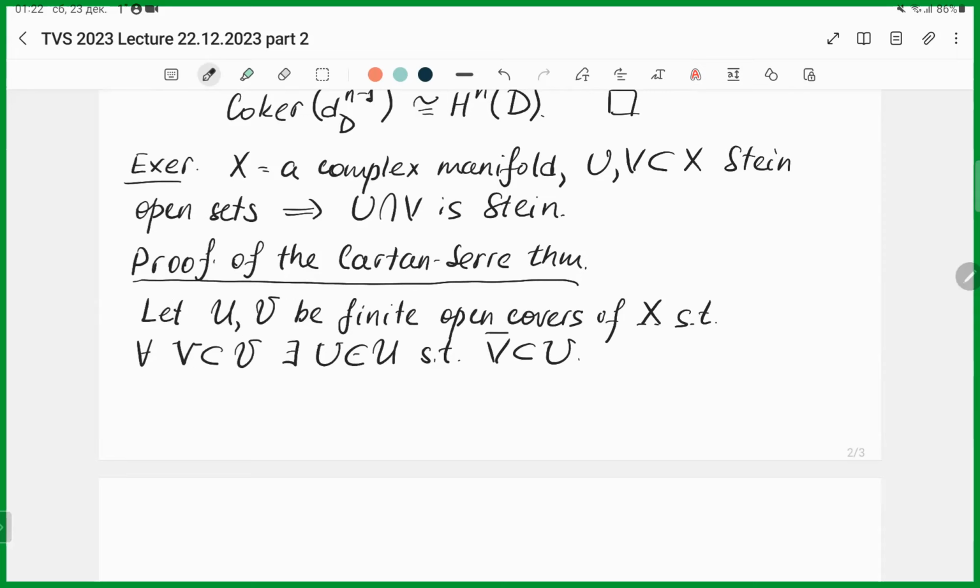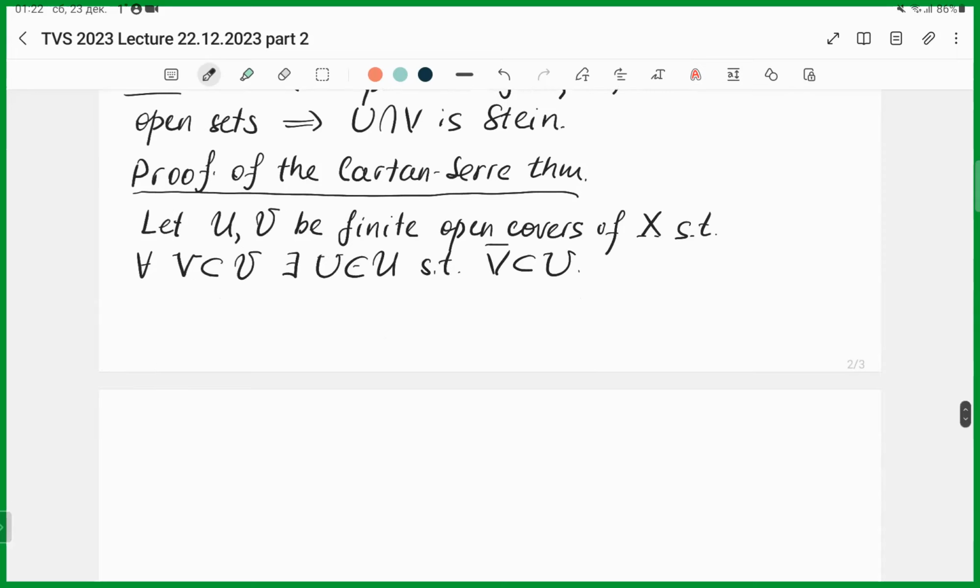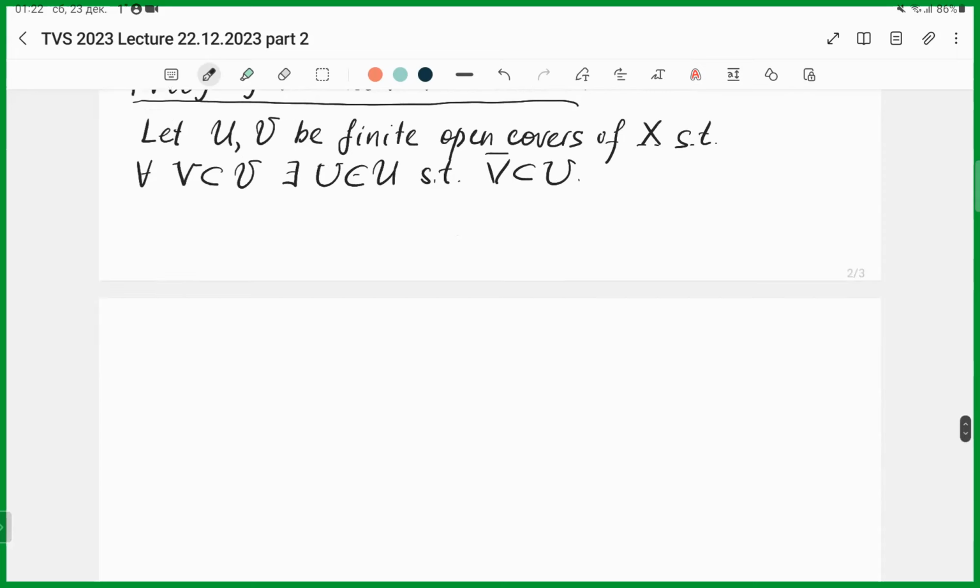So we can consider now the refinement map, which acts from the Čech complex corresponding to U to the Čech complex corresponding to V. This map was denoted by phi star, the refinement morphism.